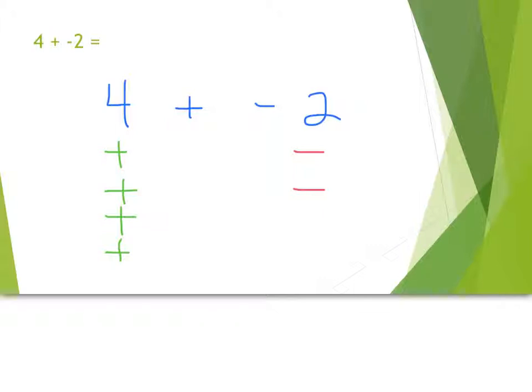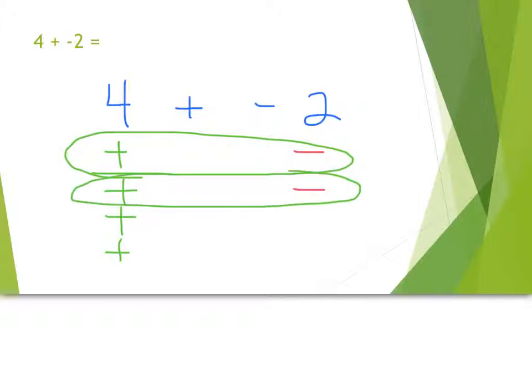The way we add this up, we now officially made 2 zero pairs. When we talk about zero pairs, a positive and a negative equals 0. So we have 1 zero pair and 2 zero pairs, and we already know that those cancel each other out. We are left with 2 positives.